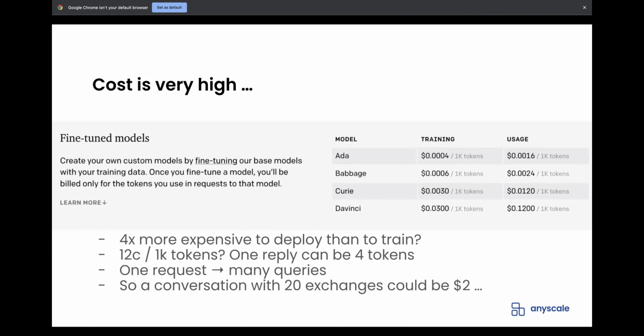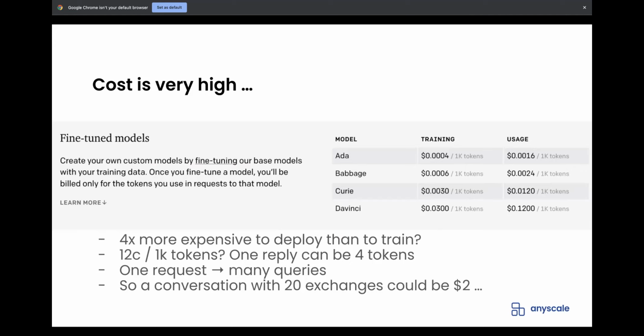Here's a table of doing model training and inference on different kinds of models. You can observe that it's kind of high. A few interesting observations: actually, the cost of deploying the model and calling the API is sometimes more expensive than training the model, right? And how about more specifically the deployment?